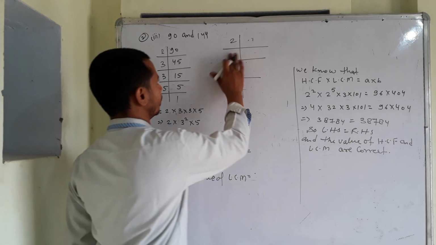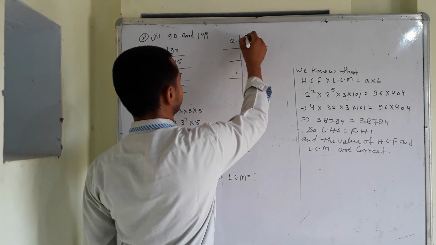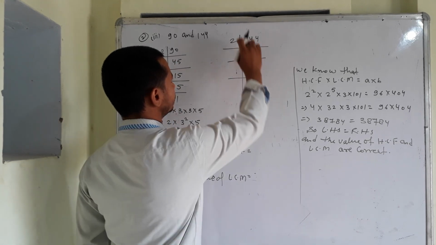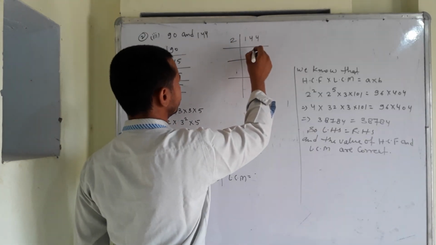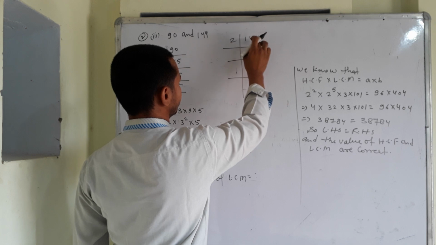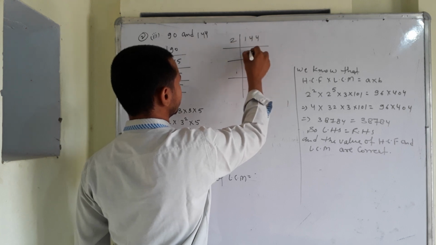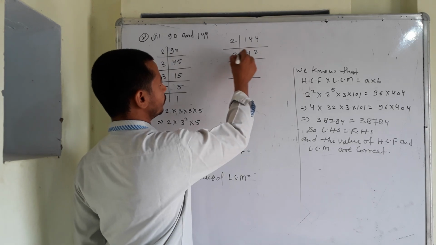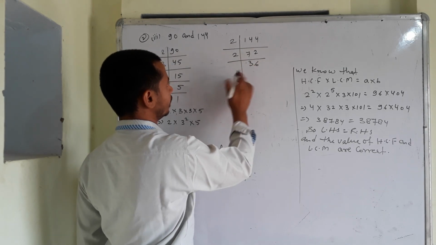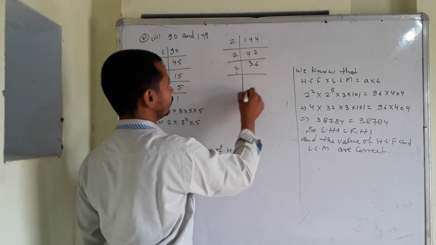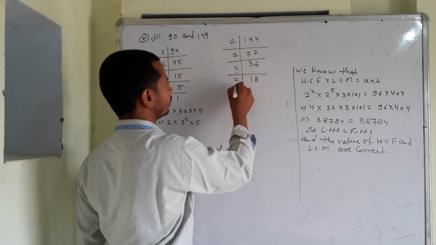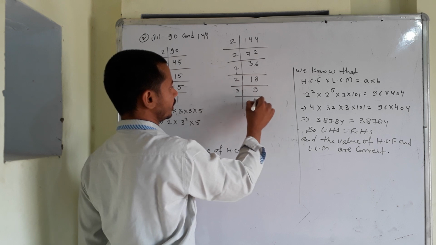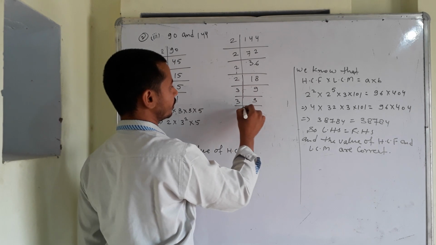Okay, and factorization of 144, when we divide 144 by 2, then we find 72. Okay, again divide by 2, then we find 36, again divide by 2, then we find 18, again divide by 2, then we find 9, divide by 3, then we find 3, and the last factor of 144 is 3.